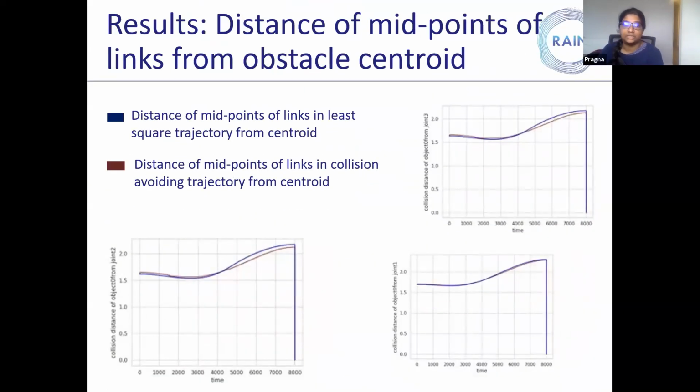This is the distance of the midpoints. Here also we see a similar pattern. So this is the way we can see that the IK is actually choosing those joint positions away from the obstacle.